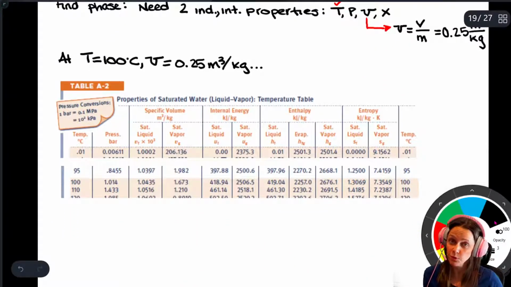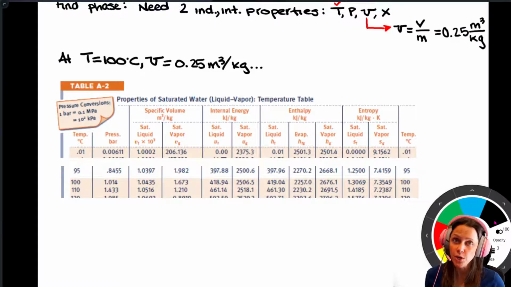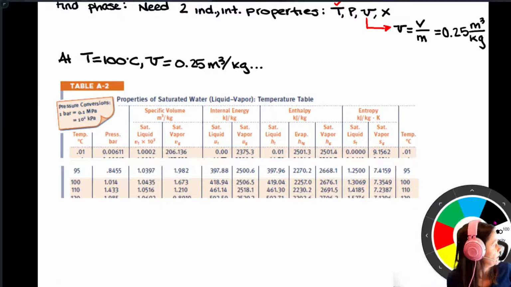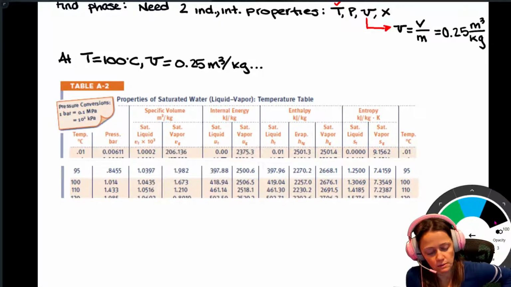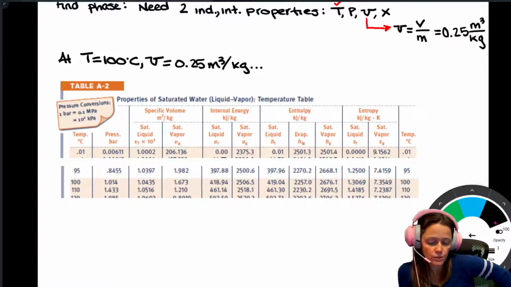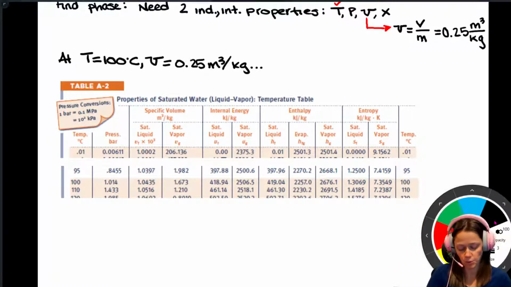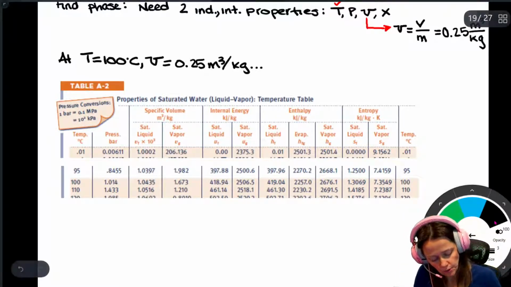So first place we go is our saturated tables, not because we're saying it's saturated, but because we're using the information there to figure out what phase we're actually in. So table A2 has things organized by temperature.